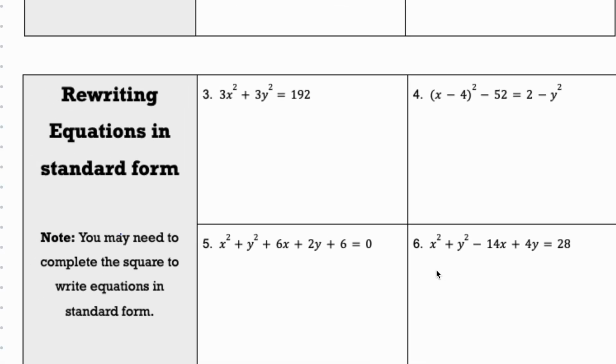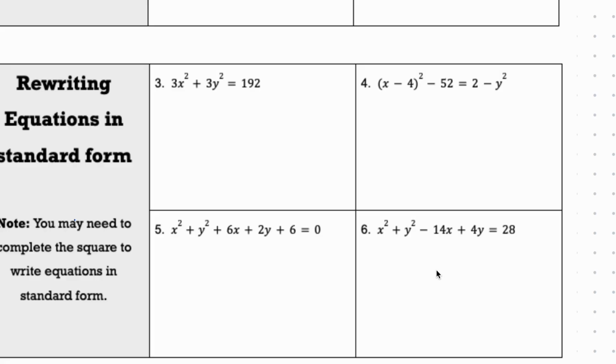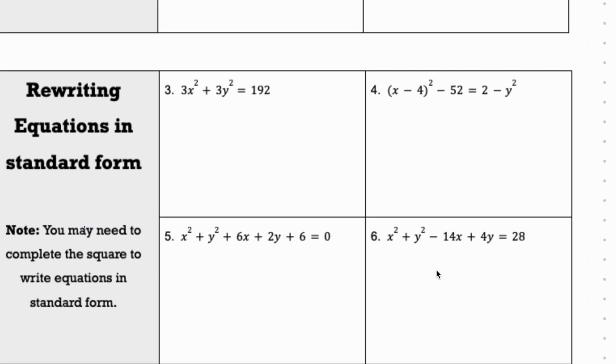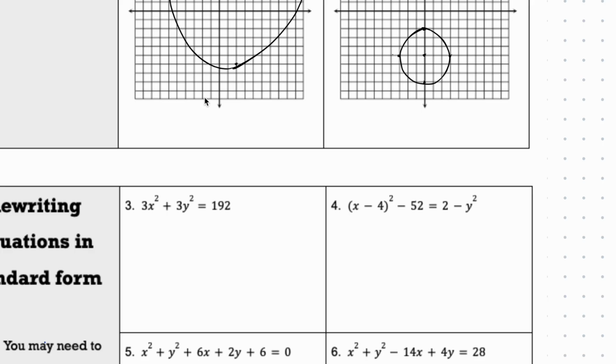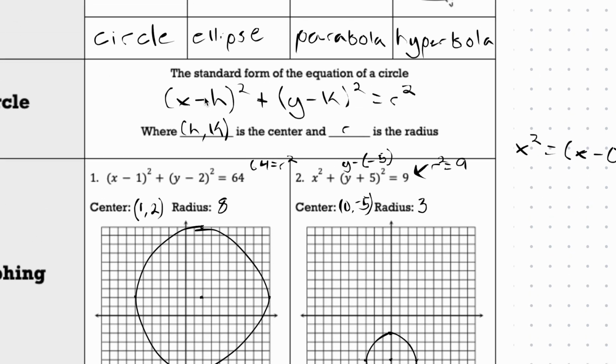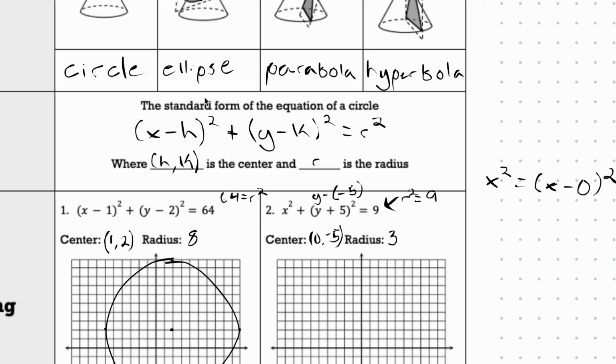Okay, so now we're going to start rewriting equations in standard form. So here, how do we make this equation, 3x squared plus 3y squared equals 192, look a little bit more like something up here?